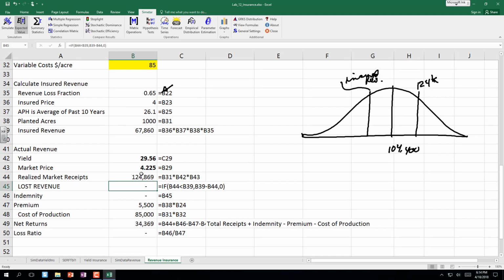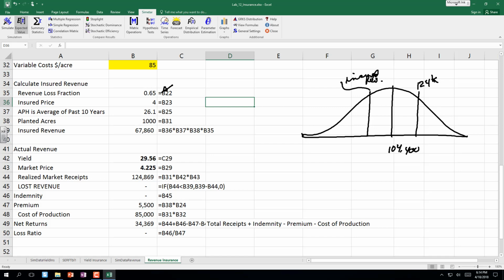Instead of this market price for the indemnity, you're going to use the futures price. If you exclude that, you pay a different premium, and it's called market price exclusion. Harvest price exclusion, I'm sorry.